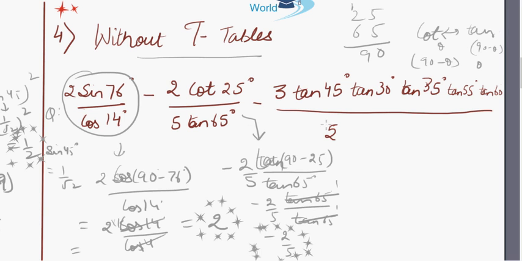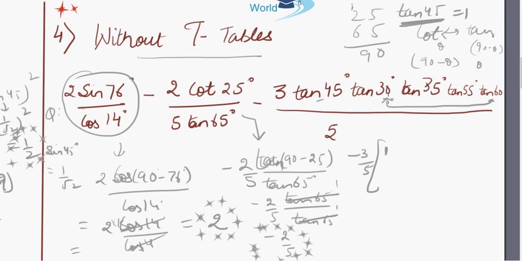For the third part, it says minus 3 by 5 common and tangent 45. Friends, we know the value of tangent 45. It is 1. So just put tangent 45 as 1 over here. And the rest are complementary pairs. 30 is a complementary pair with 60 degree and 35 is a complementary pair with 55 degree.